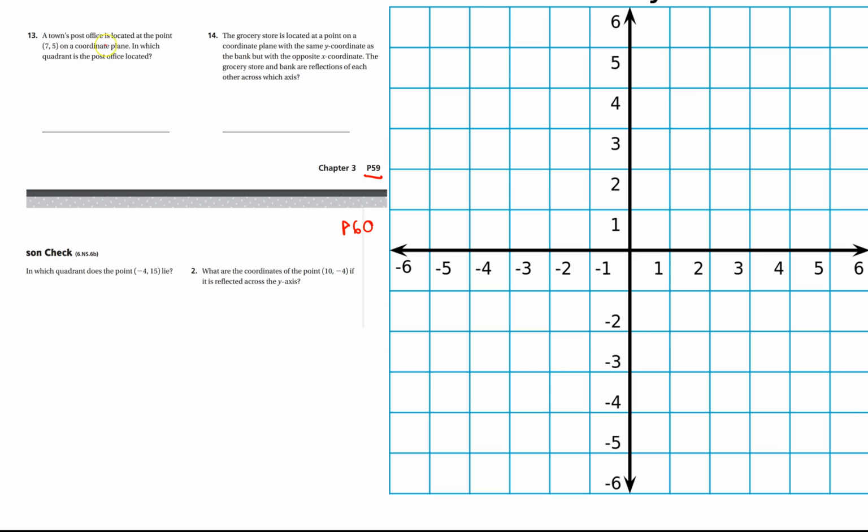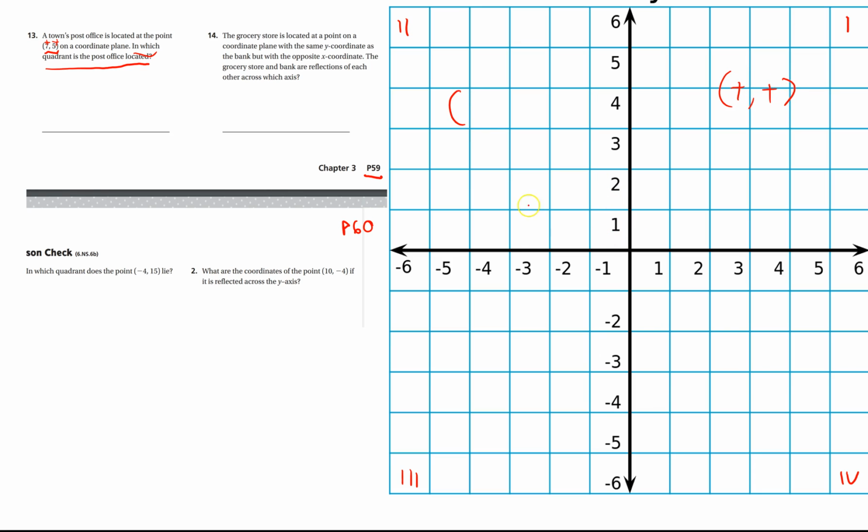All right, a town's post office is located at the point (7, 5) on a coordinate plane. In which quadrant is the post office located? Well, we have a positive and a positive. Our quadrants are quadrant 1, quadrant 2, quadrant 3, and then quadrant 4. Quadrant 1 is always going to be positive, positive.